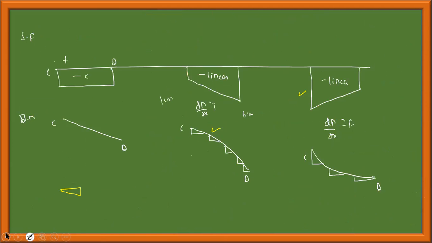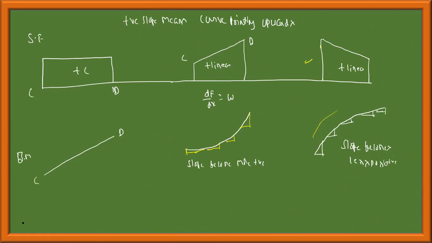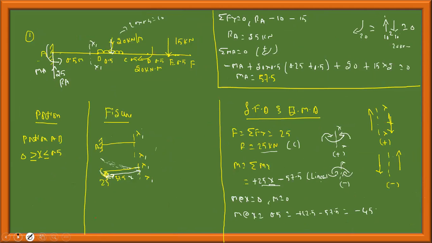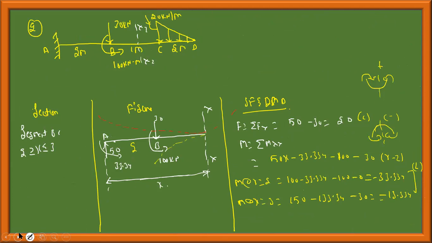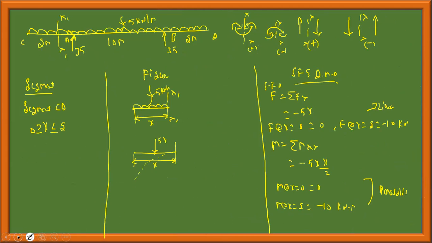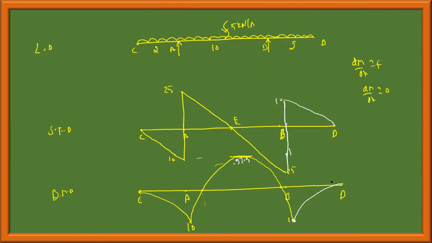If I go back, see, it is a curve like this, right? The shear force was something like this. Therefore, the curve should be like this. That's what I've written.